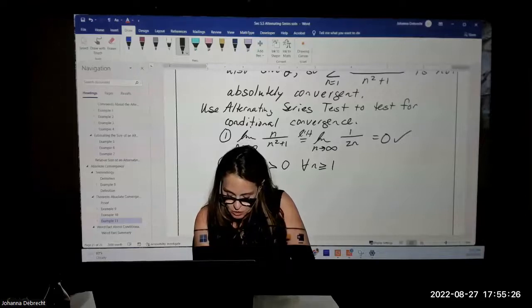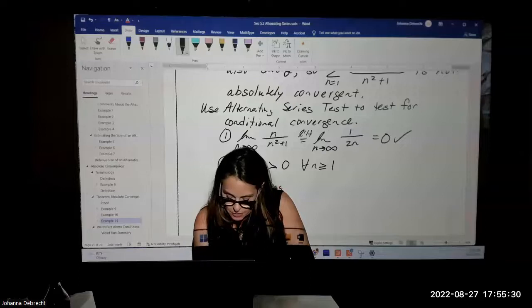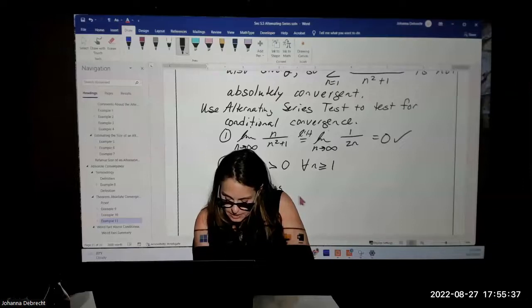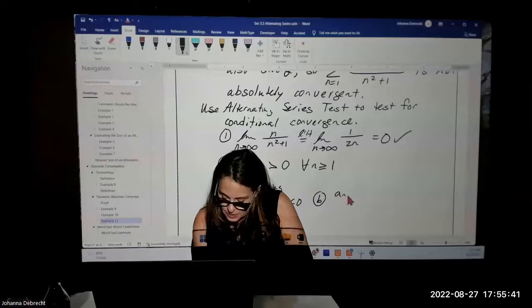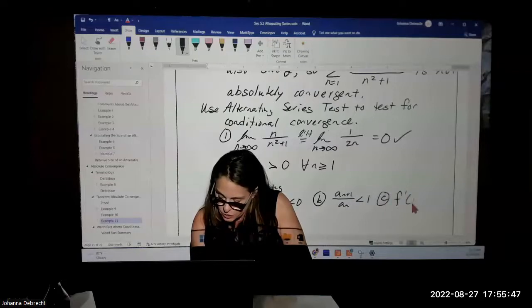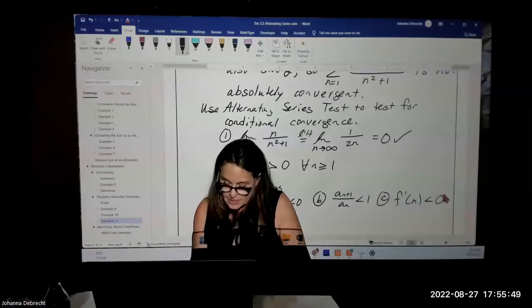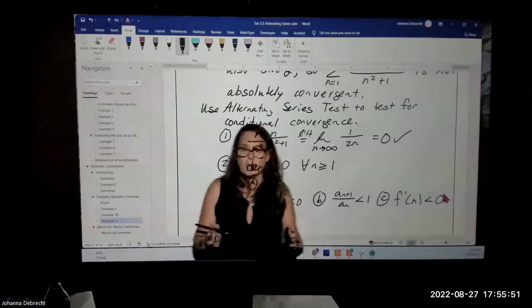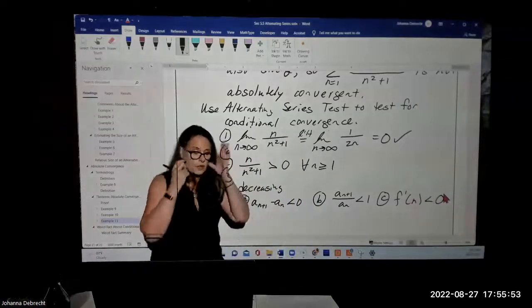So that's my third condition for the alternating series test. And I have 3 ways of showing it. A, a sub n plus 1 minus a sub n is less than 0. B, a sub n plus 1 divided by a sub n is less than 1. And C, the first derivative is negative. So you can do whichever method you prefer to do here.